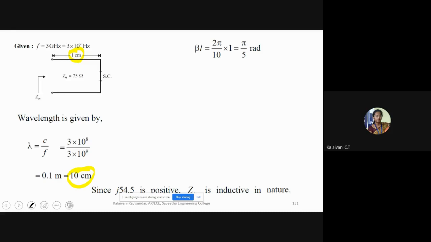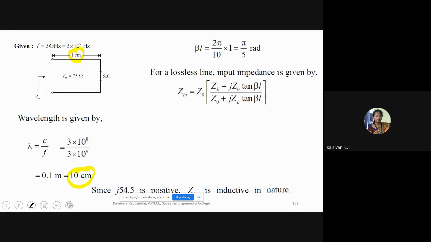After cancellation, it is pi by 5. Beta is equal to pi by 5, but in centimeters. For a lossless transmission line, this is the general equation of input impedance: Zin is equal to Z0 into ZL plus jZ0 tan beta L divided by Z0 plus jZL tan beta L.